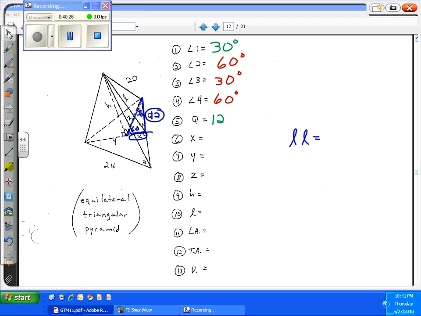So we're going to use our formula. Long leg is equal to short leg times the square root of 3. So long leg 12 equals short leg X times square root 3. Undo multiplication by division, so we divide by square root 3.